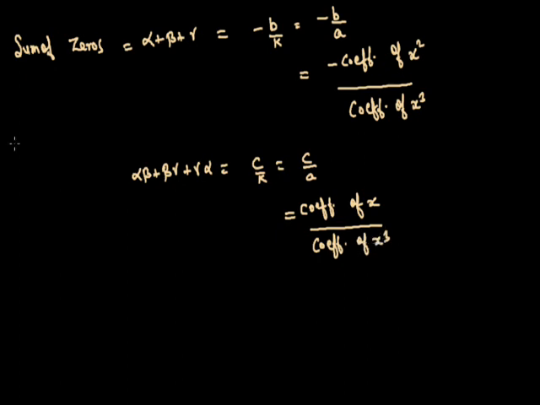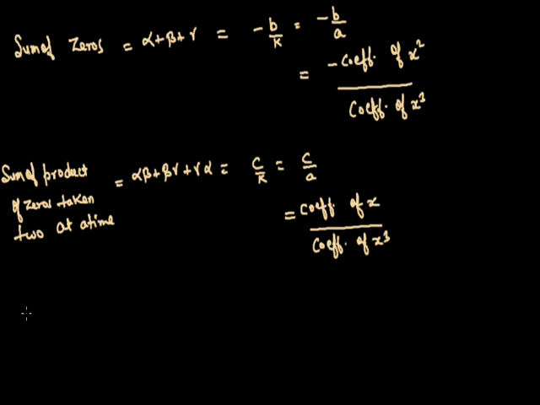Now alpha beta plus beta gamma plus gamma alpha is the sum of product of zeros taken two at a time, equal to c by a.